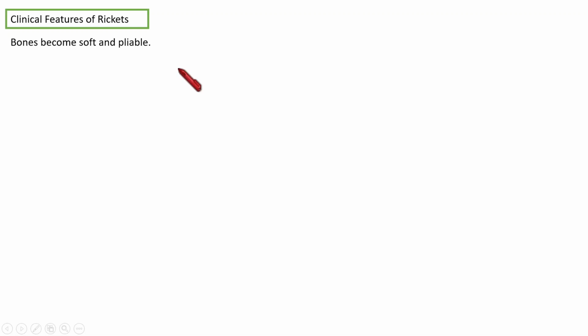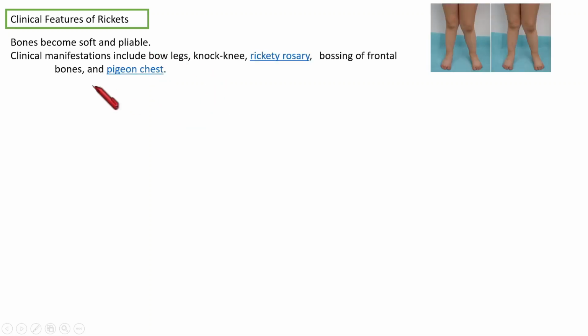In that way vitamin D is necessary. If vitamin D level is low, then bones become soft and pliable. Clinical manifestations include bow legs.